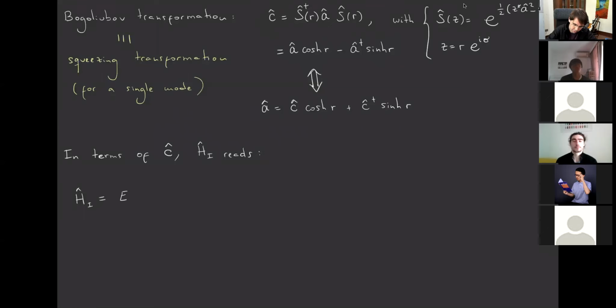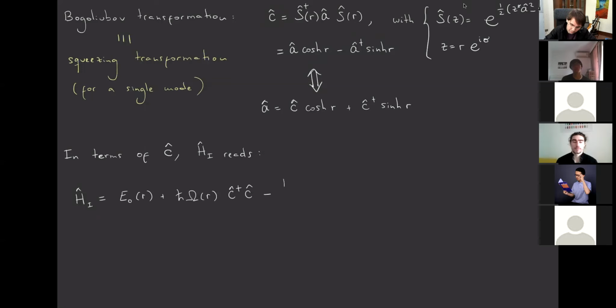It has an independent term that depends on R. Then we have a term h bar omega that depends on R as well, and has the free evolution of the Bogoliubov operator or the Bogoliubov mode.